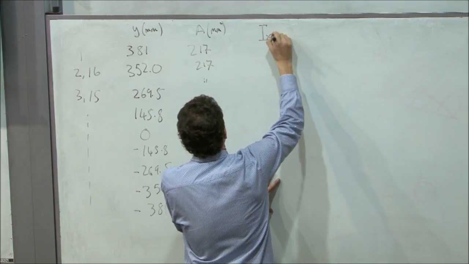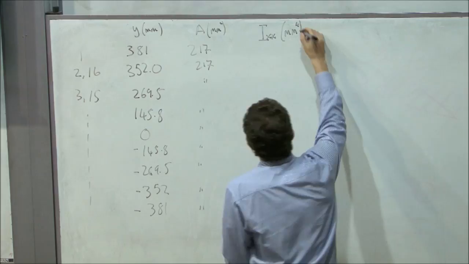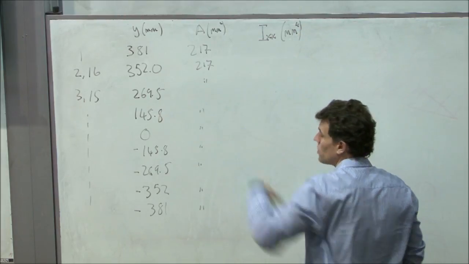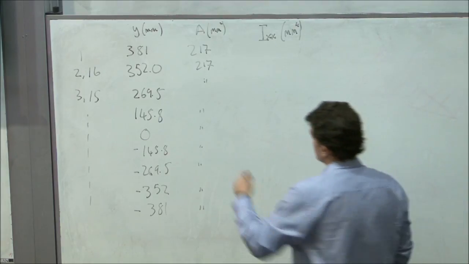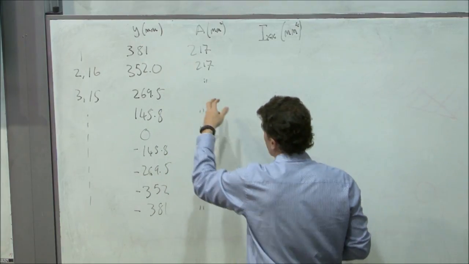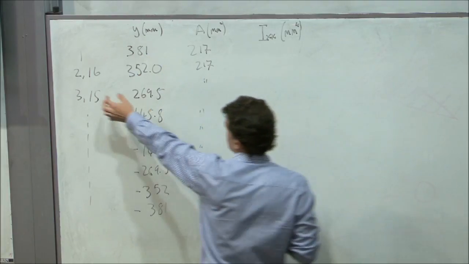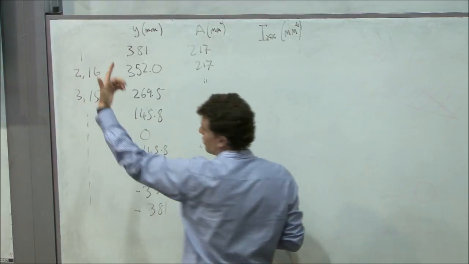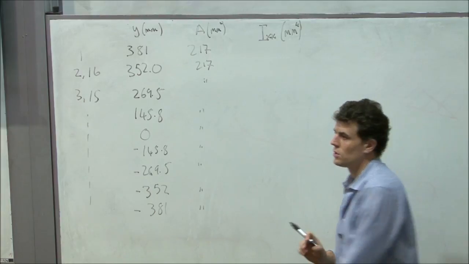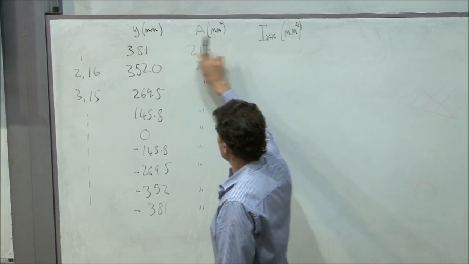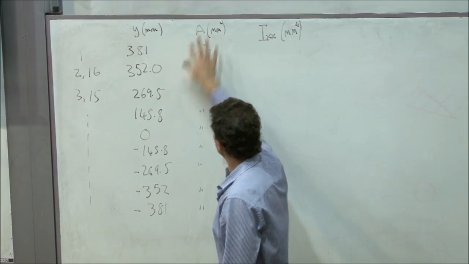Now we're going to look at the IXX contribution for each row. For the top row, that's 381 squared times 217. For the next one, because there are two elements, we have to double it because there are two stringers at each position. So for the top one, it's just A y squared, or B y squared, where B is the boom area.